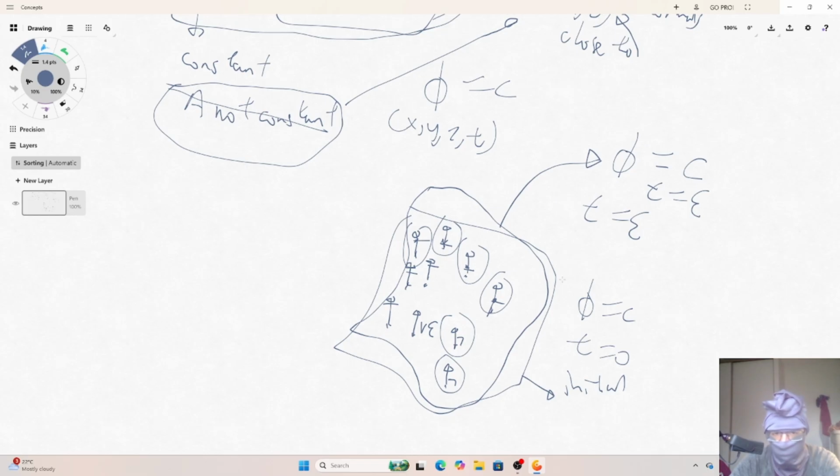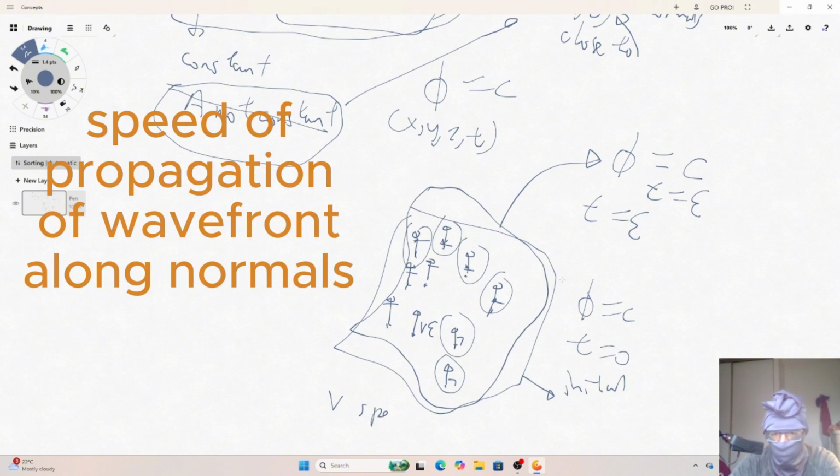So this is how we define v, a speed of propagation along wavefronts.